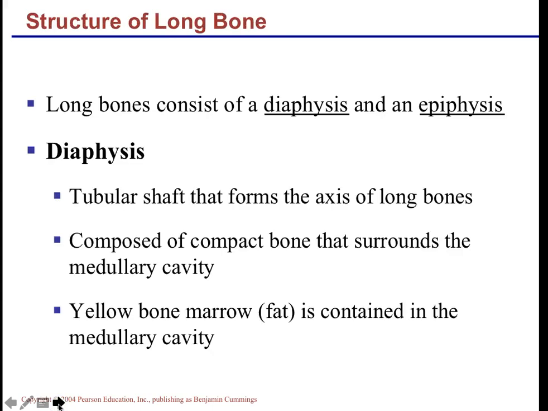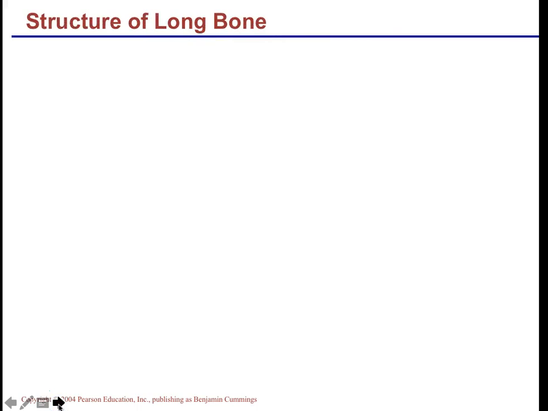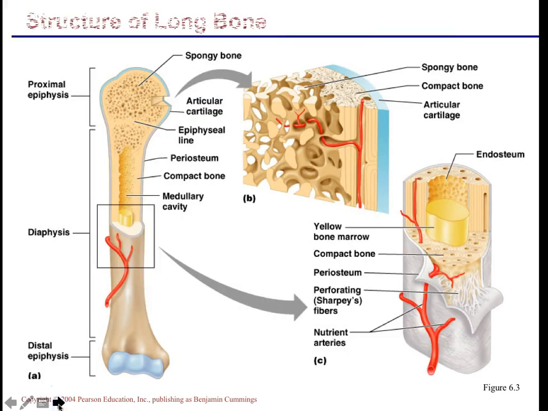All right, here we go. I am actually going to go to the diagram rather than read you those PowerPoints. So here's a long bone. This could be a femur. And what you have is the top and bottom of the bone, which is called the epiphysis. And then the middle part of the bone is called the diaphysis.